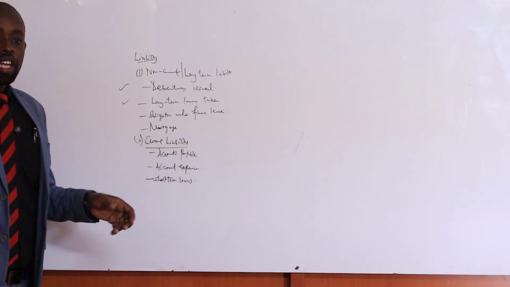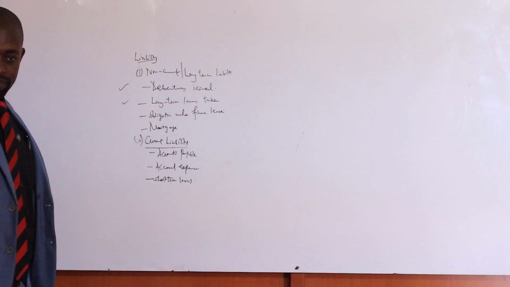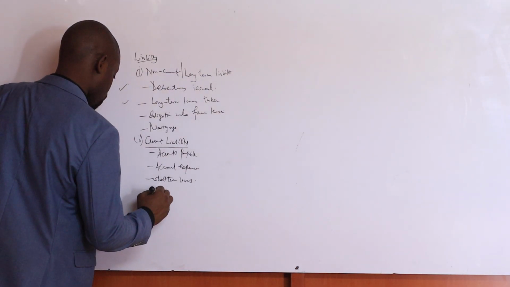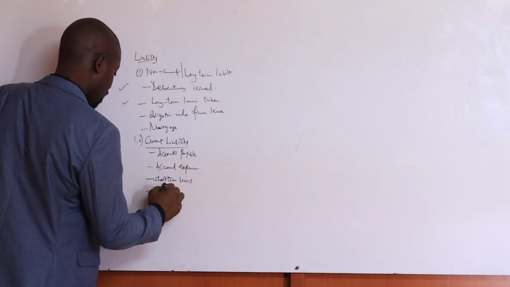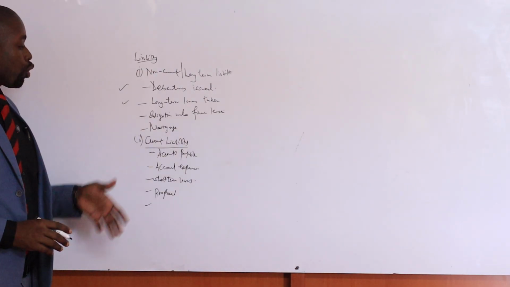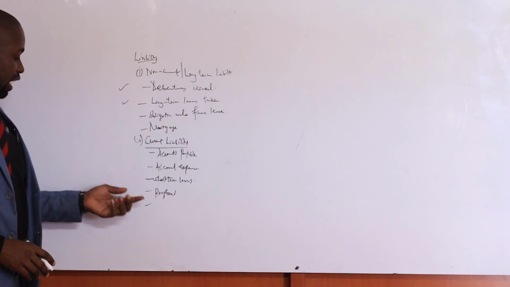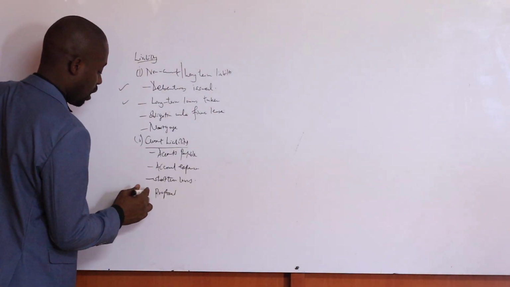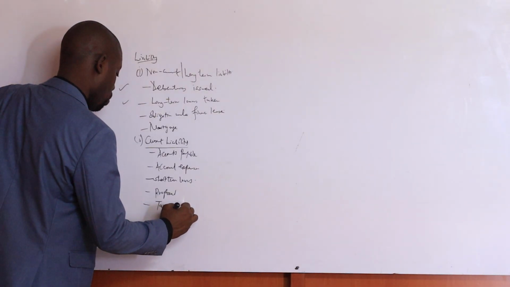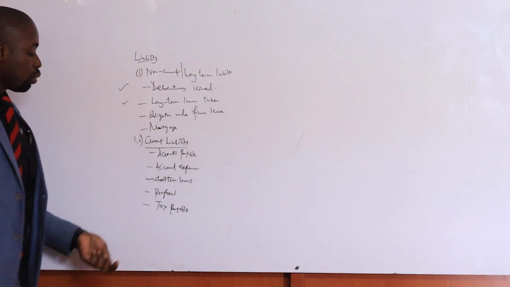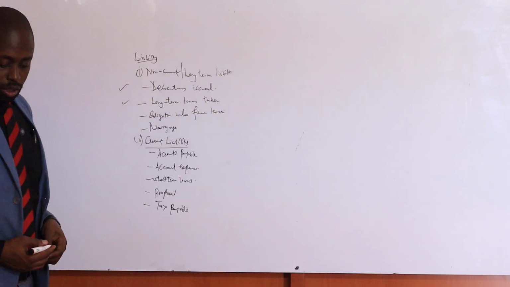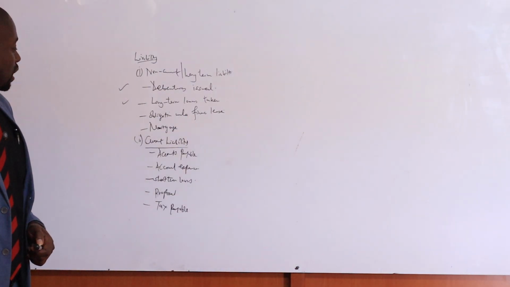Once you make a proposal, that proposal creates a liability. So you have proposed dividends, which we look at in company accounts. You can also have tax payable. When you make profit for the year, we get the tax liability which is supposed to be paid the following year, so it becomes tax payable, to be paid in less than 1 year. We shall look at many others as we move along in other topics. So that's all about current liability.